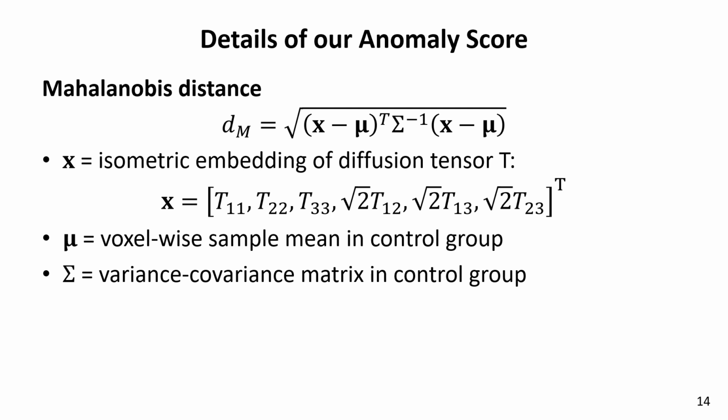For this, we embed the diffusion tensors isometrically into 6-dimensional Euclidean space. Means and covariances are computed separately in each voxel after bringing all volumes into spatial alignment with a specialized image registration algorithm for diffusion tensor images.